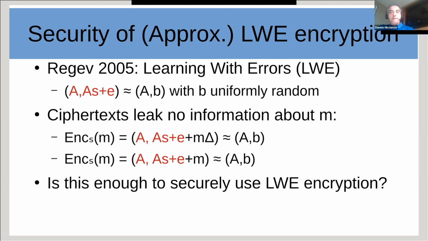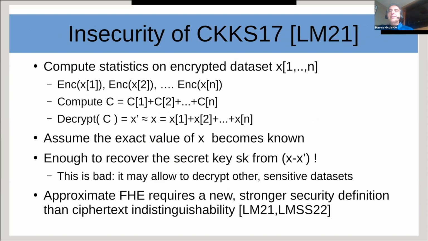So is this enough to build a secure LWE encryption scheme? This turns out to be enough for the standard notion of encryption, but it is quite problematic for approximate encryption, and this is easily illustrated with the following example. Think of having a data set X on which you want to perform some secure computation.